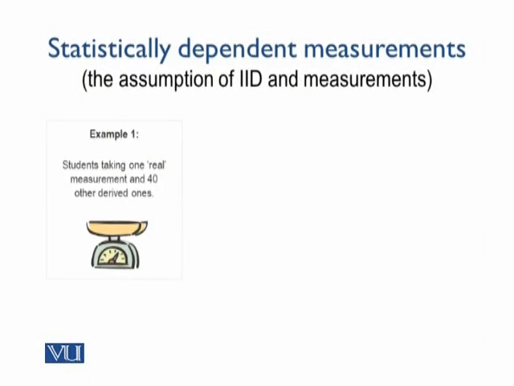The first example that you can see on the slide now is the case where we ask, let's say, a set of students to measure a heavy stone. They make one measurement and it comes out to be, let's say, 10 kilograms. And then they act a little naughty and they do not actually make a lot of independent observations.